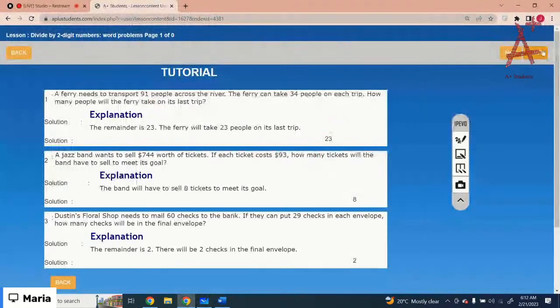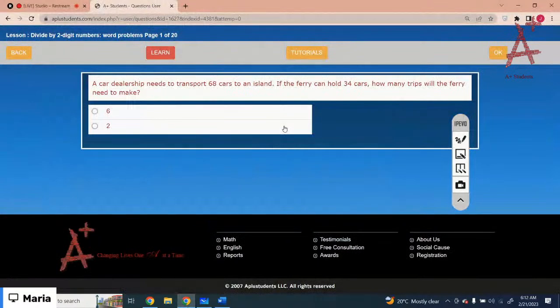Okay, let's start with the test question. A car dealer needs to transport 68 cars to an island. If the ferry can hold 34 cars, how many trips will the ferry need to make?